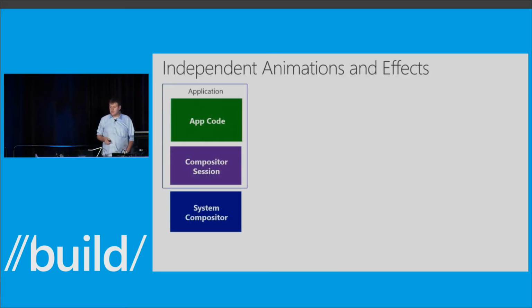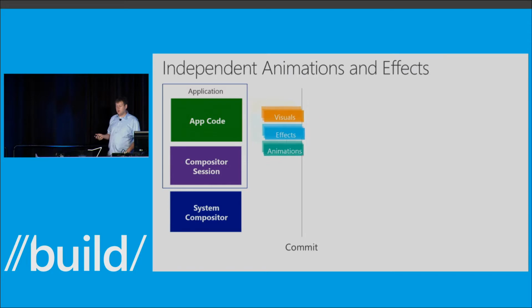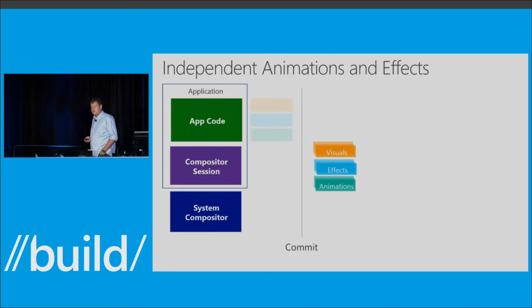The last concept I want to touch on is where some of these different objects execute. When you create visuals, define your effects, and run animations, you'll do so within a compositor session. After you've done the set of operations, a commit will occur, and then within that compositor session, the set of operations will be optimized.